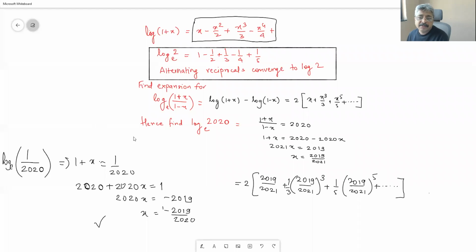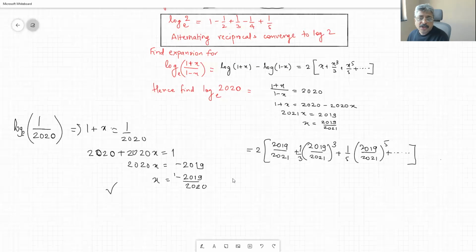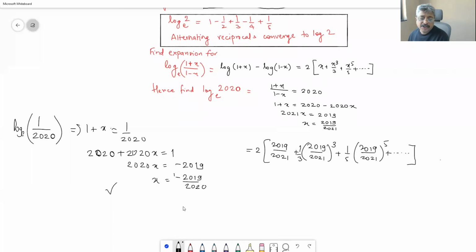If alternating reciprocals converge to log 2, a question comes to mind: what happens to non-alternating reciprocals? What is this sequence? S is equal to 1 plus half plus 1/3 plus 1/4 plus 1/5 plus dot dot dot.